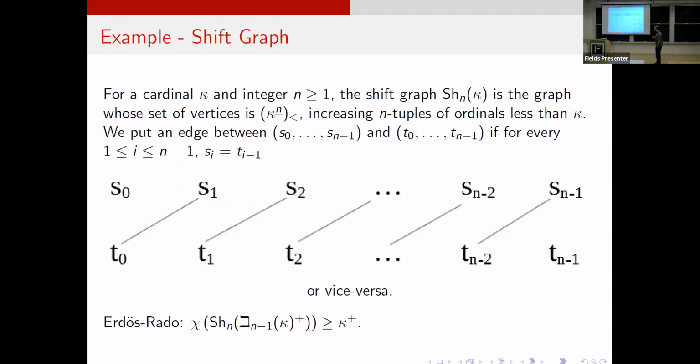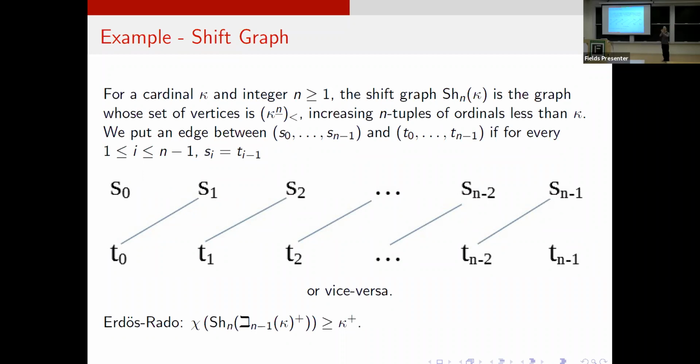Okay. So this will be the main example for us of a graph. I believe there are other graphs in the world, but it will be the shift graph. So let kappa be any cardinal and n an integer. We color increasing n-tuples of ordinals less than kappa. I don't have n fingers, but let's say 4.